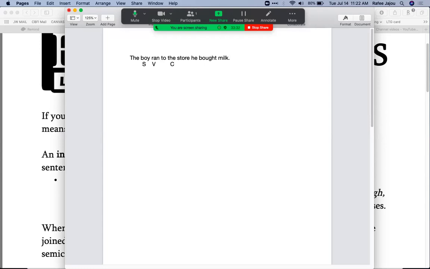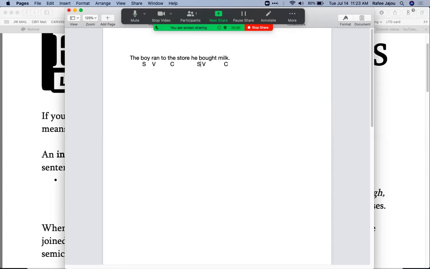A run-on is two independent statements joined incorrectly. And an independent statement is SVC, subject, verb, complete idea. Do we have another independent statement here? Yes, we do. He is the subject. Bought, verb. Milk, complete idea. We have an SVC. So we have incorrectly joined these.